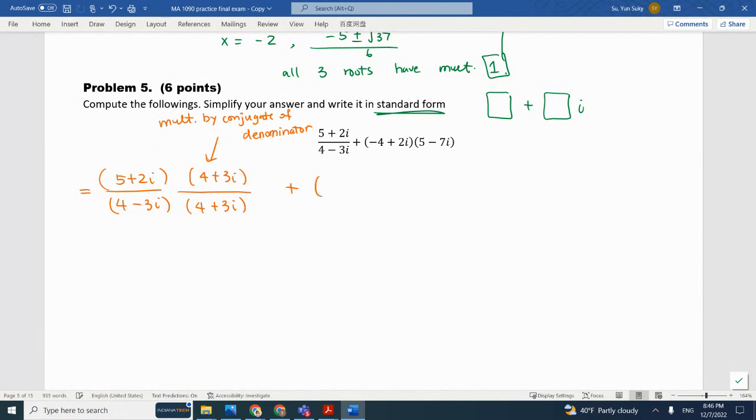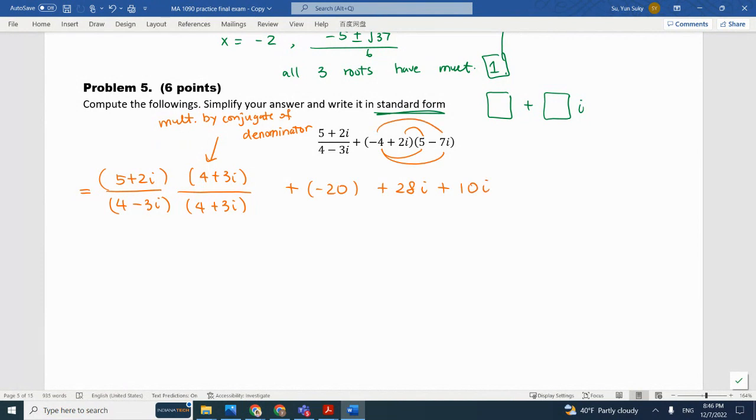And then, plus, okay, multiplication, expand it. Negative 4 times 5 is negative 20, right? And then negative 4 times negative 7i is positive 28i. 2i times 5 is 10i.